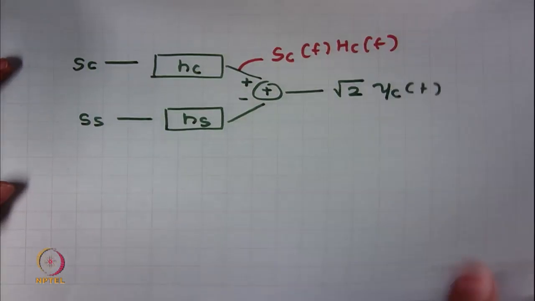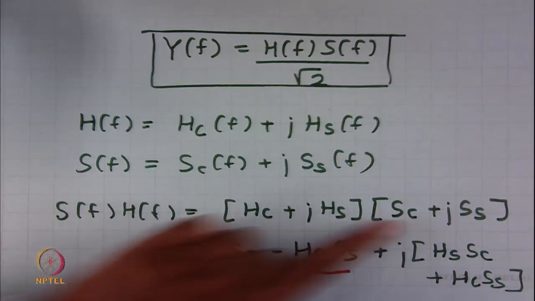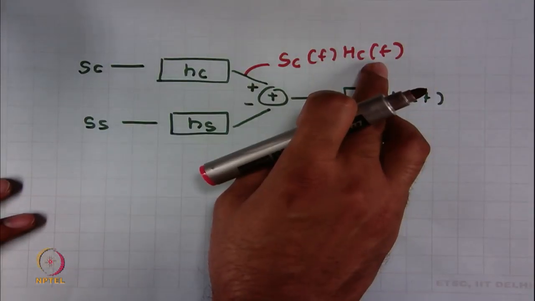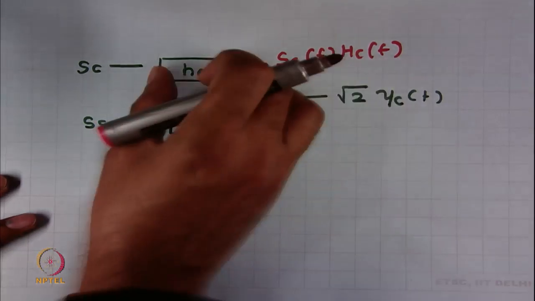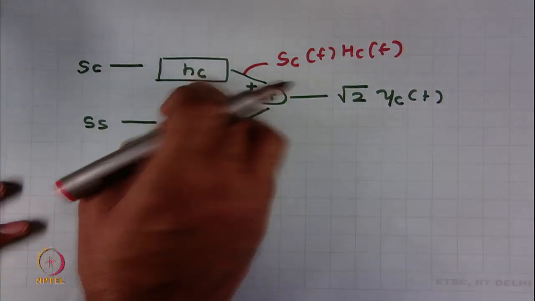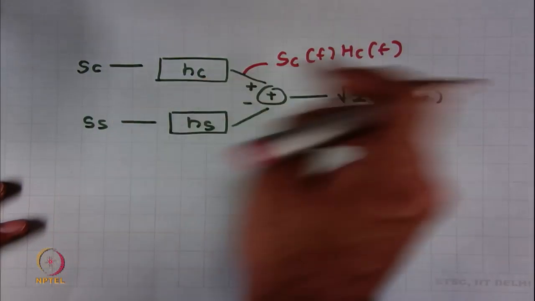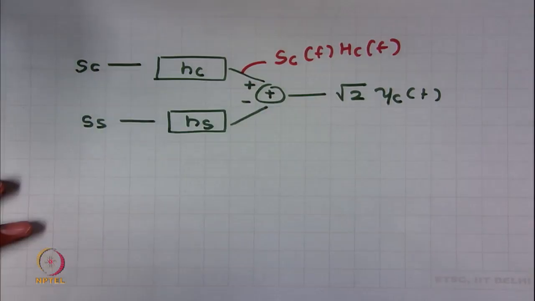Once you want to multiply the spectra, what you need to do is just pass the signal through a system whose impulse response is the inverse Fourier transform of HC(f), and you get the resultant spectrum at this point. So, this would give me root 2 YC(t).